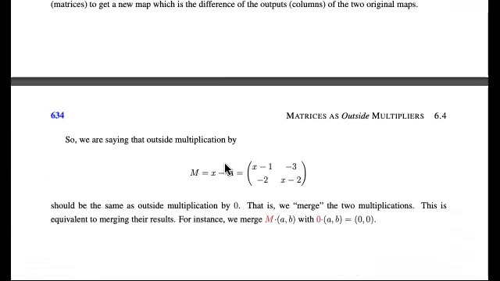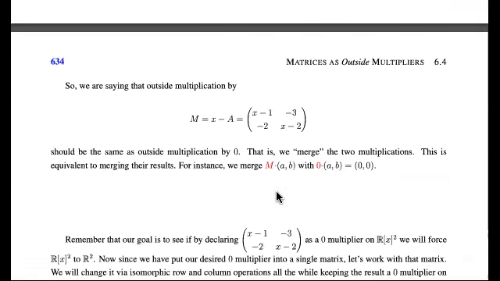Okay, so here's our matrix. If we multiply by it, that's going to be the exact same as multiplying by 0. So we're merging these two multiplications, multiplying by this and multiplying by 0.